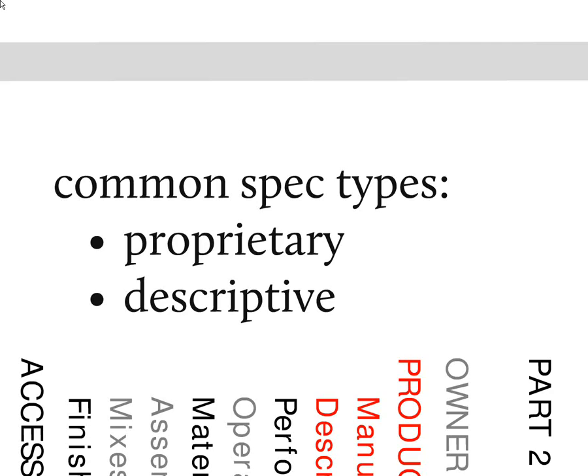And even though we're saying proprietary, that doesn't necessarily mean that it's a single product or a single manufacturer, because we can still have open or closed proprietary specs. So we could list multiple manufacturers, multiple products, or even, as I was suggesting, a basis of design product, and still allow for others to bid on these particular kinds of specifications.